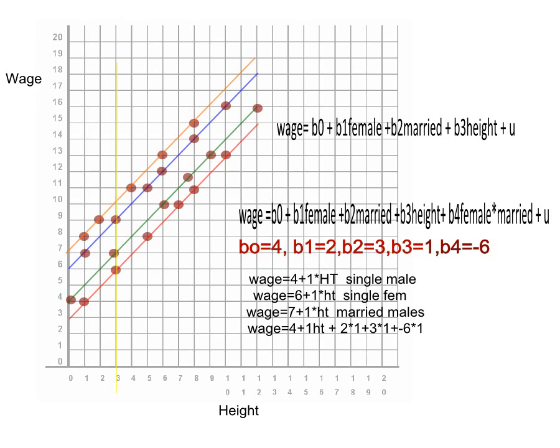And so you, in addition to having these dummy variables for female and married and interacting the female married, you would also want to have variables where you interact the female times the height, the married times the height, and even the female times married times the height, and that will allow your model to pick up different slopes for each of the four groups.